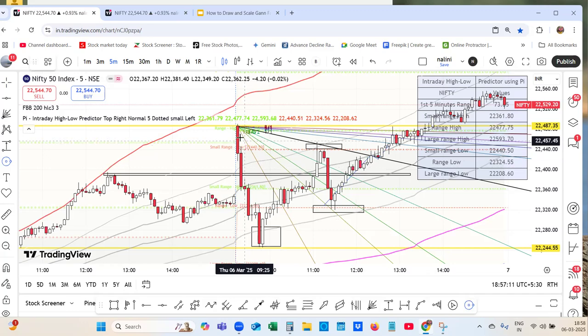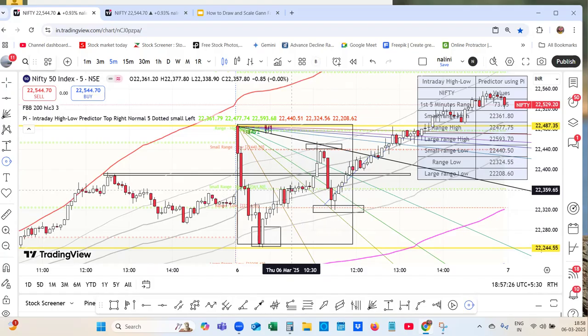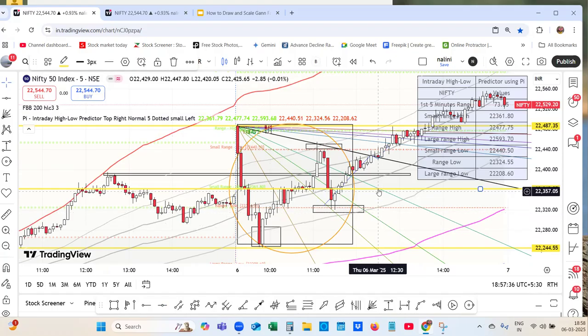So you can approximate by putting the square or finding the central point. You can put a circle over here, identifying this. If you identify this and put a horizontal line, that is 180 degrees, the price has moved higher.